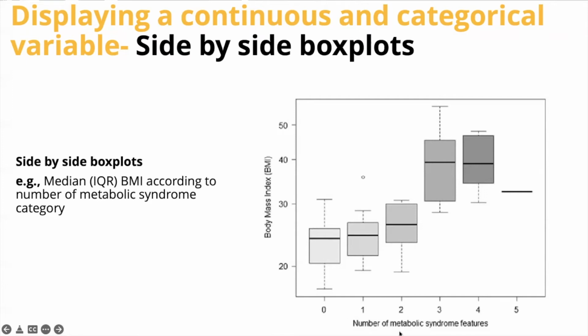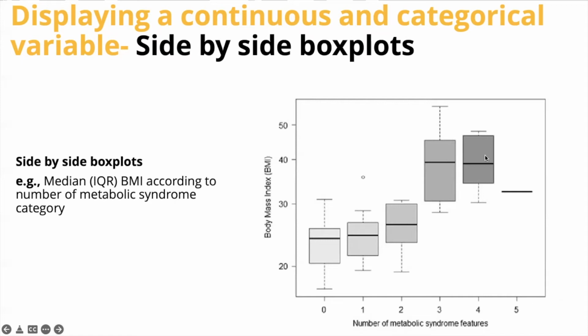So here I just have the number of metabolic syndrome features and the body mass index on the y-axis. For each category of the number of metabolic syndrome features, I can visualize the median and the interquartile range, min and max values, and any outliers for each of the categories for BMI.